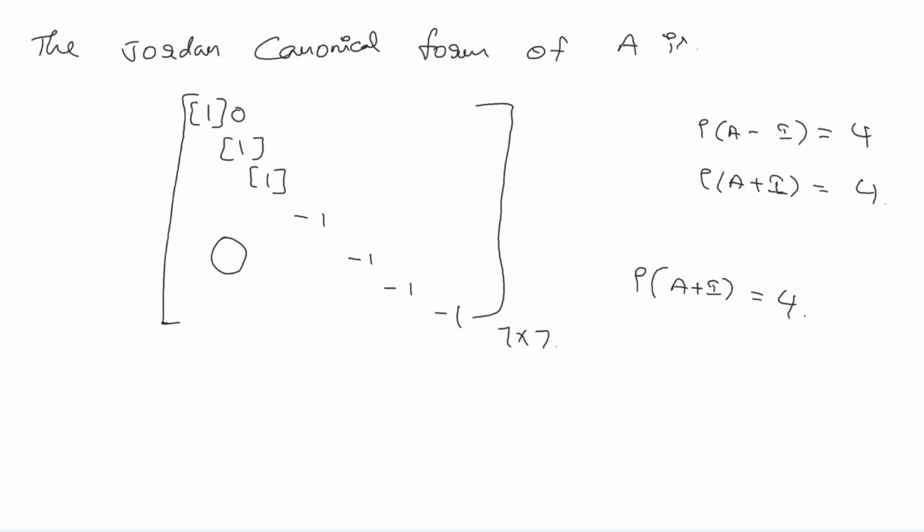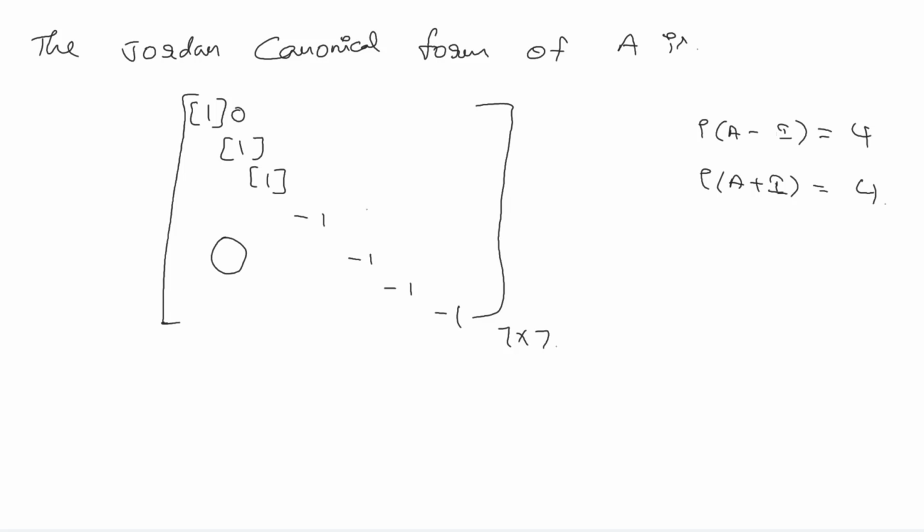Then our matrix will become this, and rank of A plus I will become 3. But that is not correct, as we have rank of A plus I is 4. So the Jordan block corresponding to the eigenvalue minus 1 is of order 2.